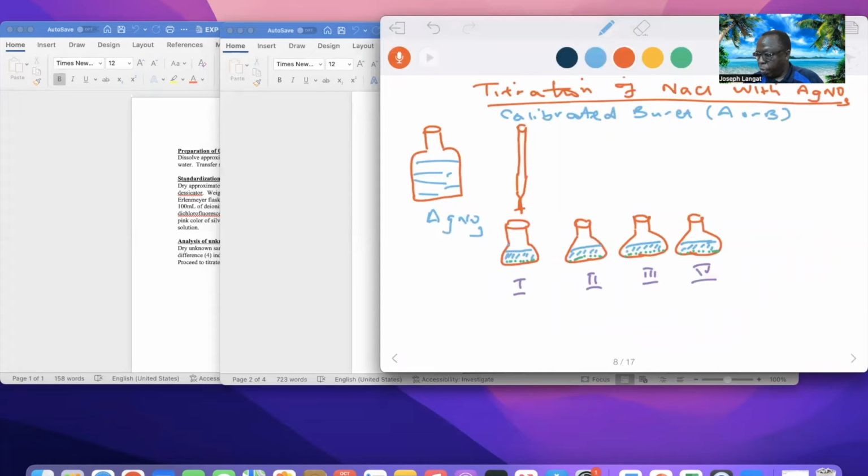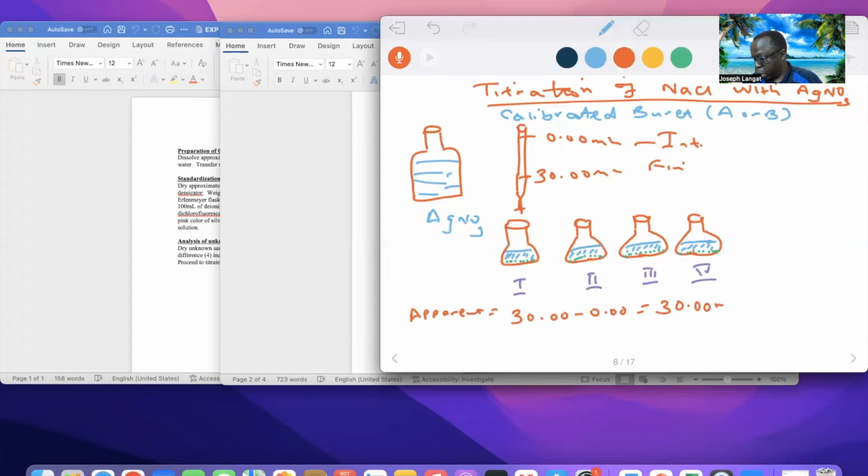If you started from 0.00 mL, this is initial, and this is final. So the apparent volume is 30 minus 0.00, which is 30.00 mL.